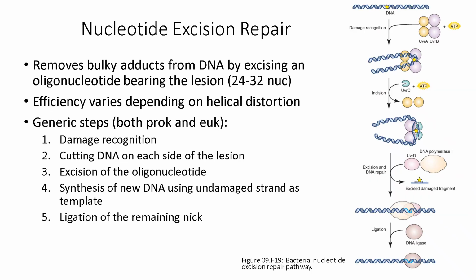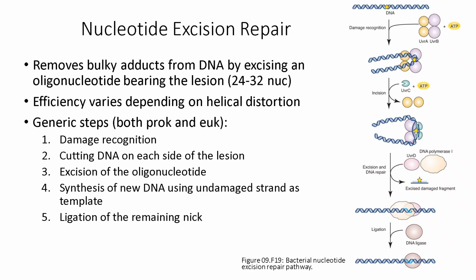Nucleotide excision repair targets bulky DNA lesions that distort the helical structure, such as thymine dimers and large chemical adducts. This pathway operates by removing an entire oligonucleotide segment that includes the damage, typically 24 to 32 nucleotides in length. The general steps are conserved in both prokaryotes and eukaryotes.